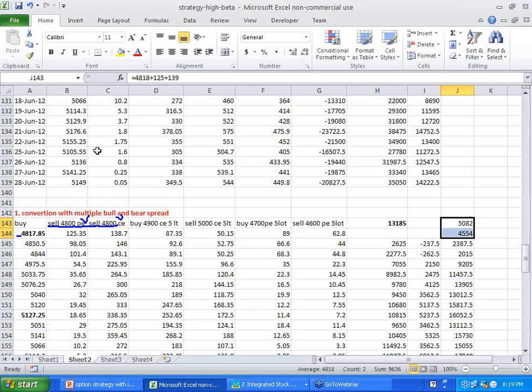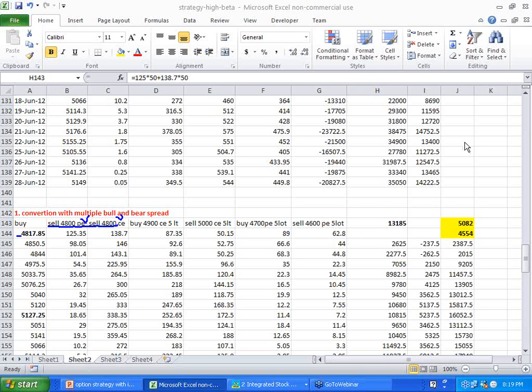So till this point I am protected in the Nifty future by selling these two options, one call and one put, and I received a premium of 13,000.